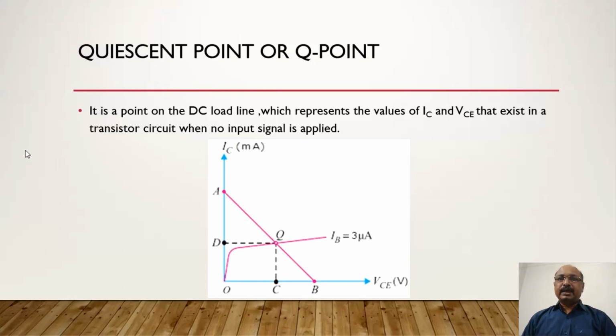So it is the point on the output curve when the transistor is silent, that is, in the absence of an input signal.